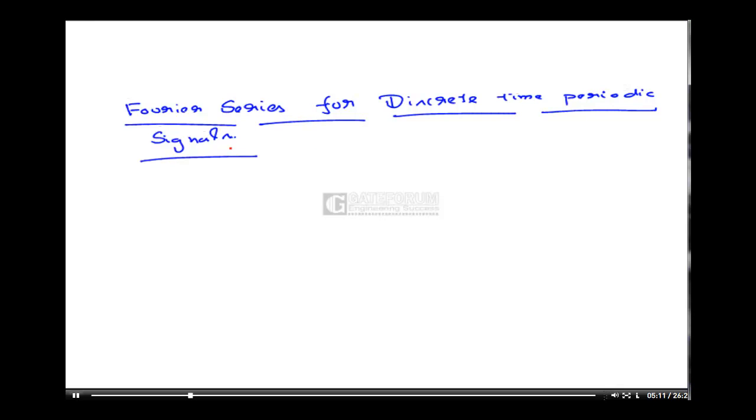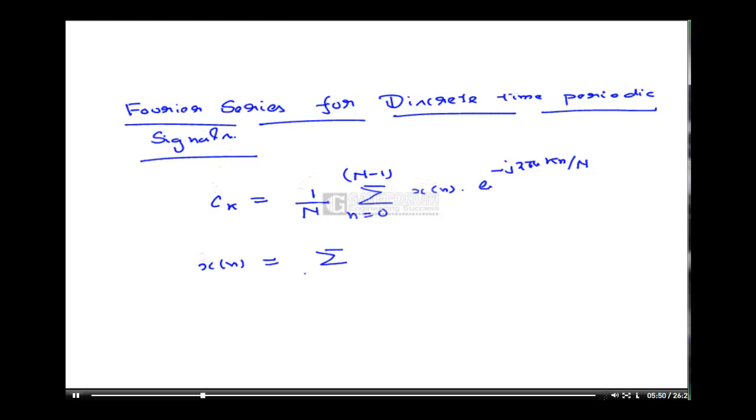The analysis equation for Fourier series, where we can find the coefficient Ck, is equal to 1 by N, since the series is discrete, summation n equal to 0 to N minus 1 of xn e to the power minus j 2 pi kn by N. Whereas the synthesis equation, xn can be written as summation k from 0 to N minus 1 of Ck e to the power j 2 pi kn by N.